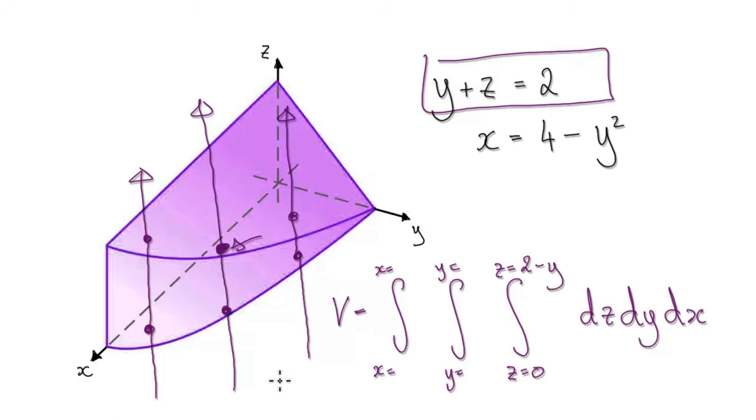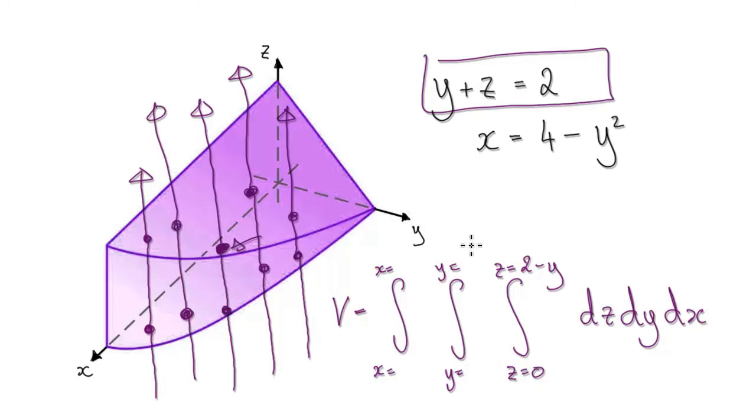So you enter z equals 0, and then you leave at 2 minus y. You leave the diagonal plane. Now we've got to consider dy, so hang on, let me clean this up.